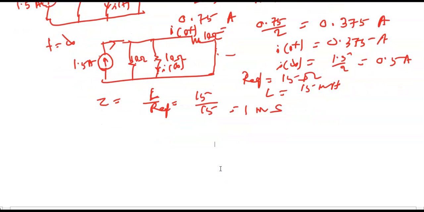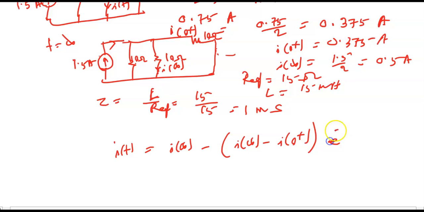So general relation, because it's a step function, constant current, we know that I of t is equal to I of infinity minus I of infinity minus I of 0 plus, e raised to the power minus t upon tau.